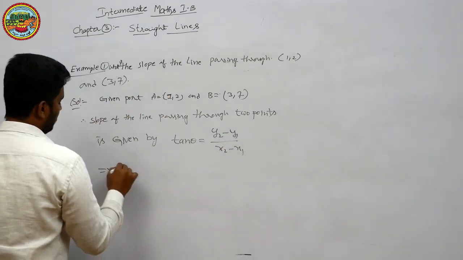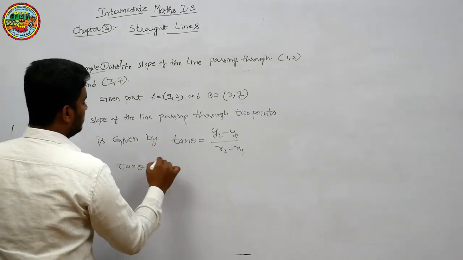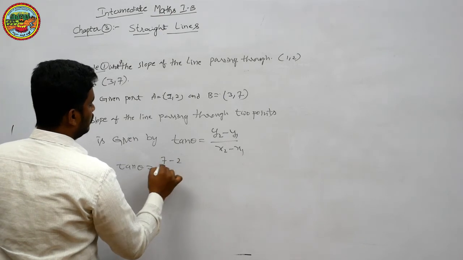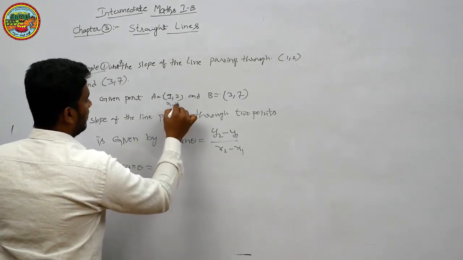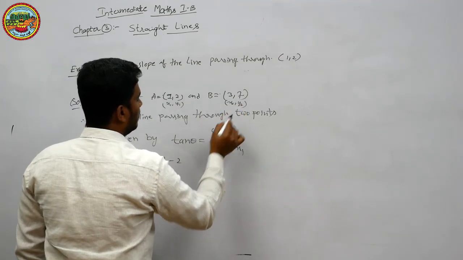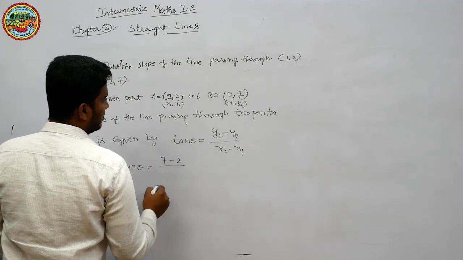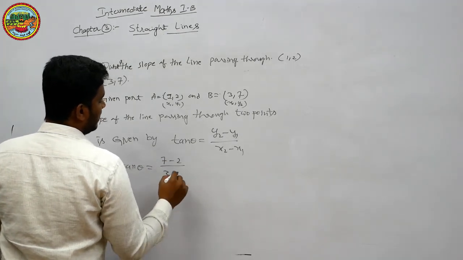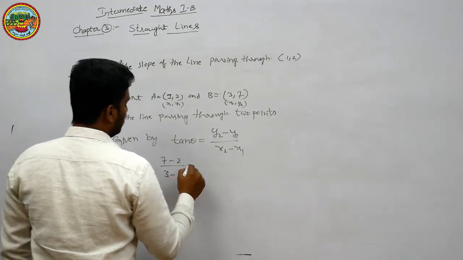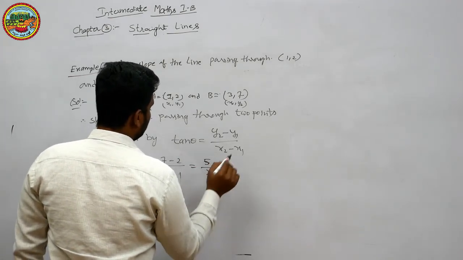Here this is x1 comma y1 and this is x2 comma y2. So y2 minus y1 means 7 minus 2 and x2 minus x1 means 3 minus 1, which is equal to 5 by 2.